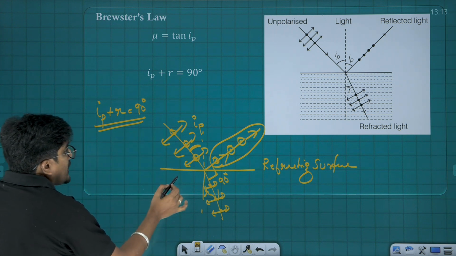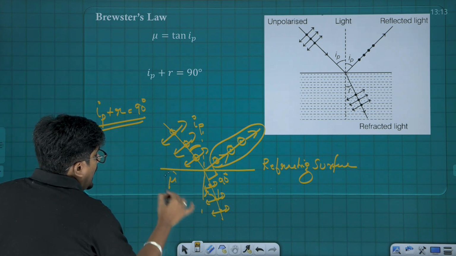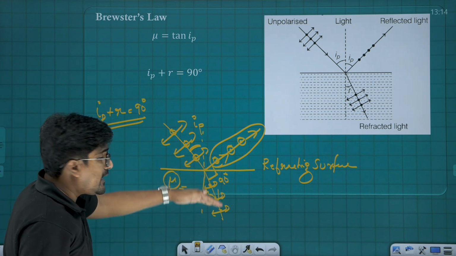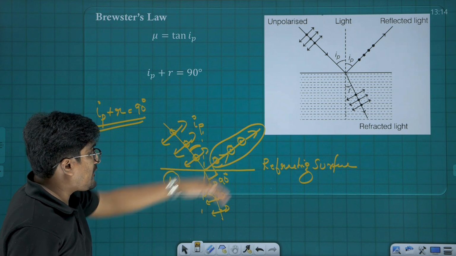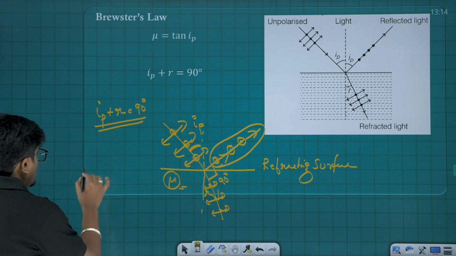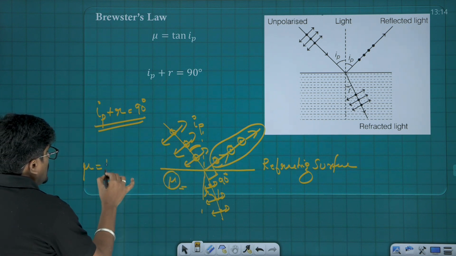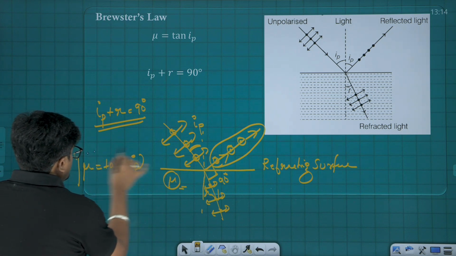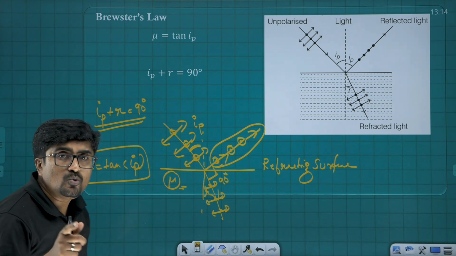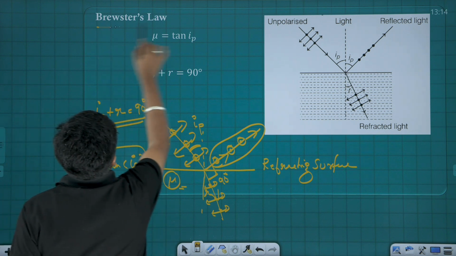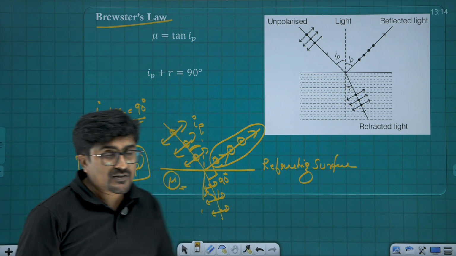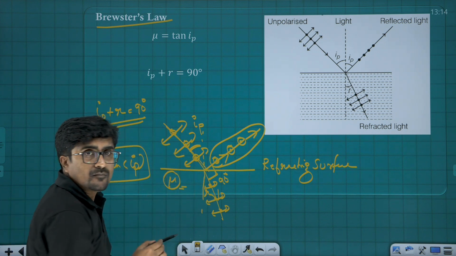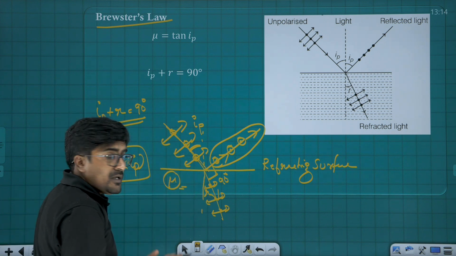For that we have a relation between i and the refractive index of the medium, and that relation is mu is equal to tan of i suffix p. That is what we call Brewster's law.